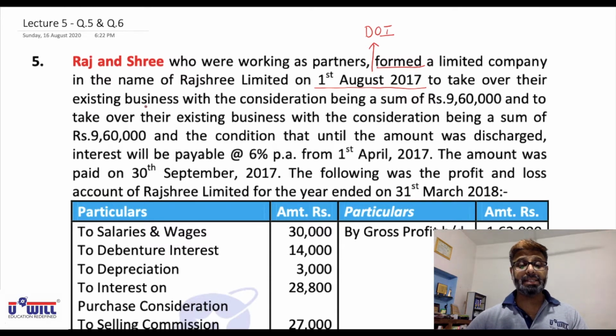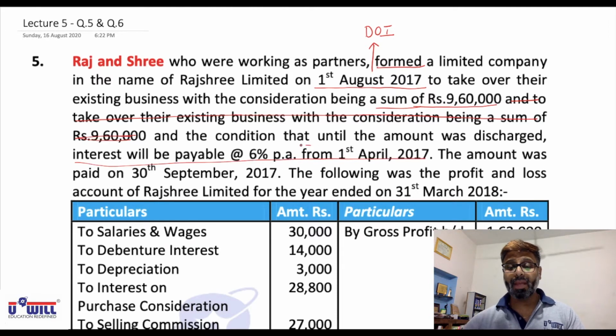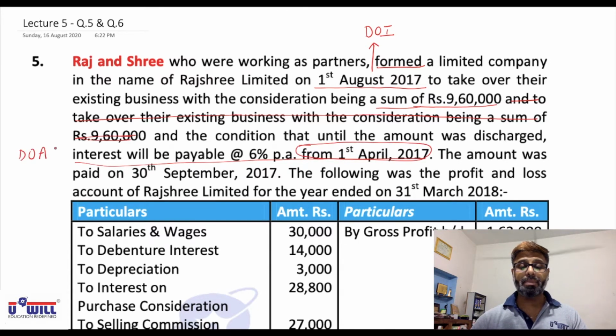To take over their existing business with the consideration being a sum of rupees 9,60,000, and the condition that until the amount was discharged, interest will be payable at the rate of 6% per annum from April 1st, 2017, which is the date of acquisition or year beginning.